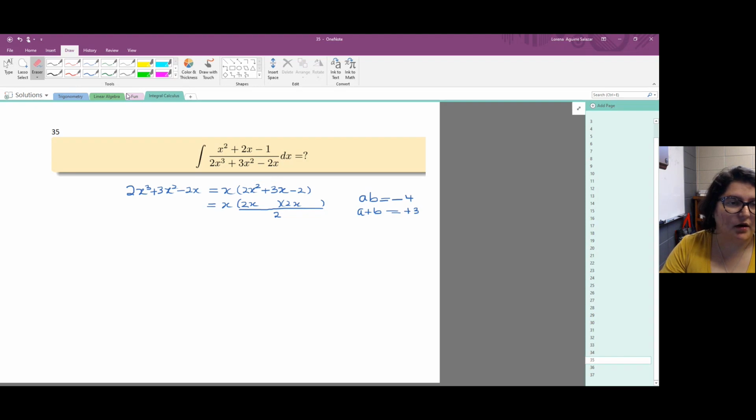Those numbers are +4 and -1. So our denominator can be seen as x times (2x plus 4, divided by 2, gives us x plus 2), then times (2x minus 1).